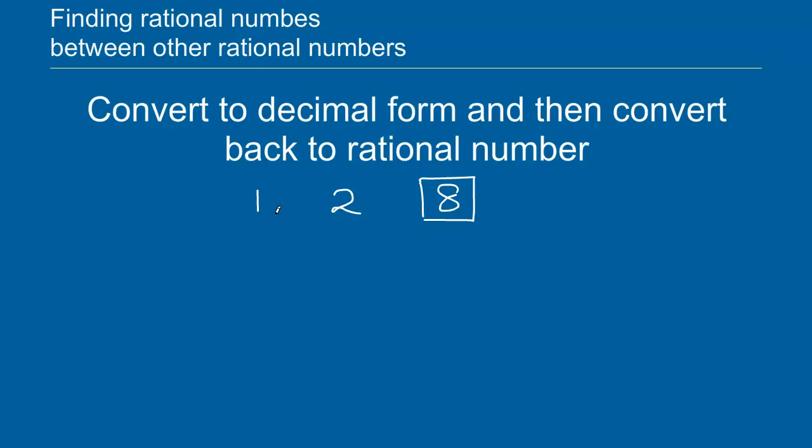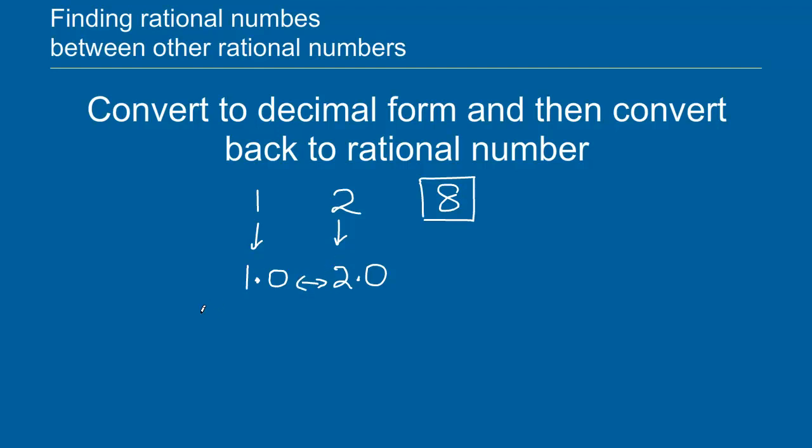So what this method is telling us is, let us write each of the two numbers given in decimal form. So we can write 1 as 1.0 and we can write 2 as 2.0. So you may be wondering, what good does it do? Well, if we write 1 as 1.0 and 2 as 2.0, now we can very easily find out rational numbers between them.